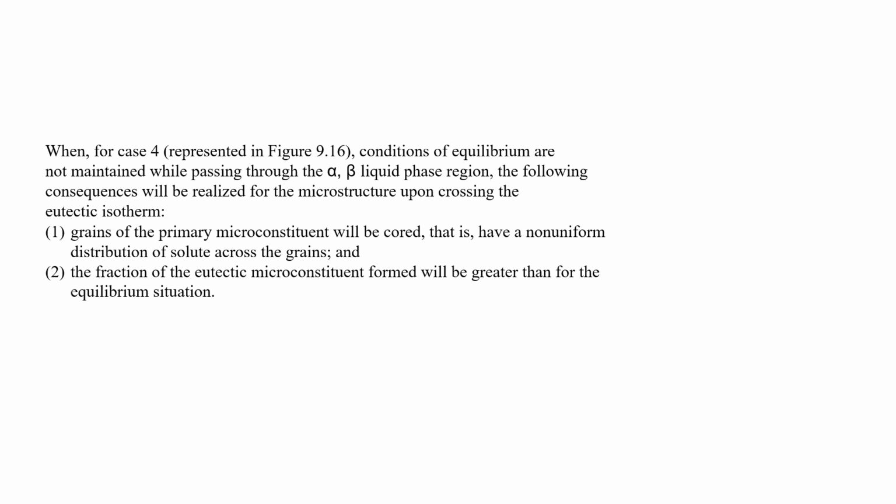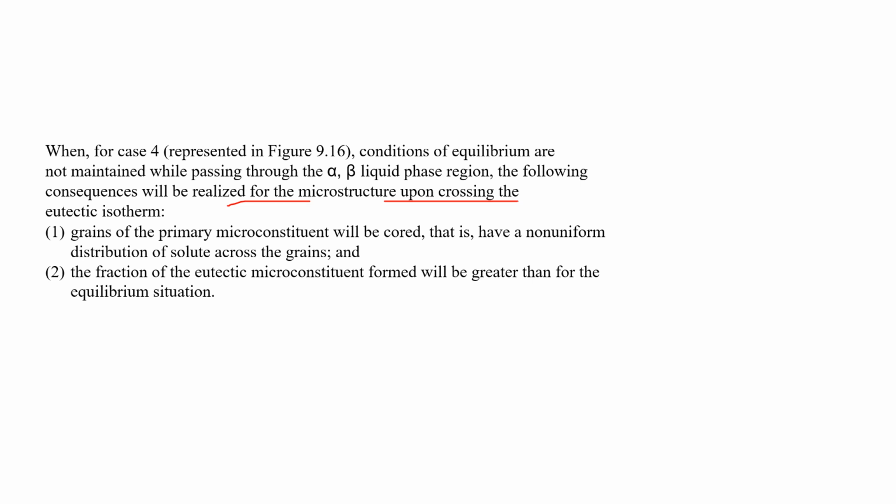Just like in case number 4, when conditions of equilibrium are not maintained while passing through the alpha, beta, and liquid phases, the following consequences will be realized for the microstructure upon crossing the eutectic isotherm.